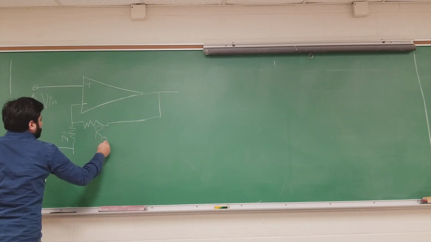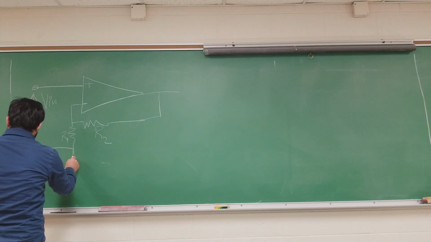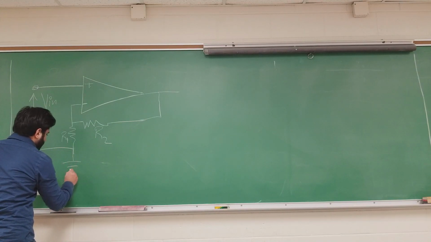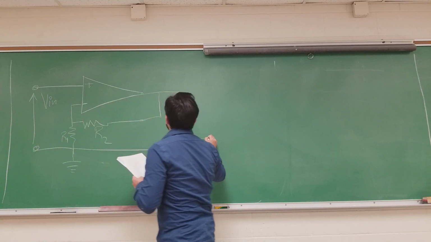So these are resistors R1 and R2. And this is grounded. And this is our output.